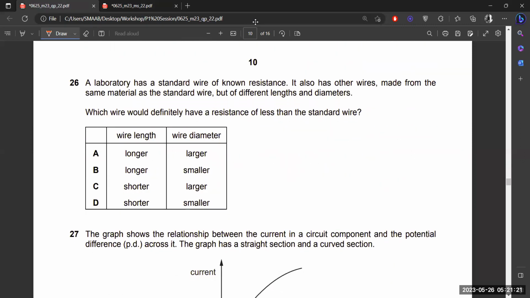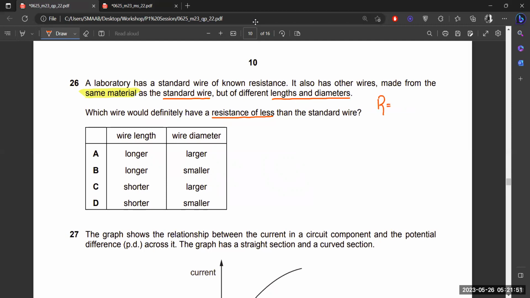Okay, a laboratory has a standard wire of known resistance. It also has other wires made from the same material. The material is the same, which means resistivity remains the same as the standard wire, but the length and diameter are different. Which wire would definitely have a resistance of less than the standard wire? So we are going to work with less resistance.